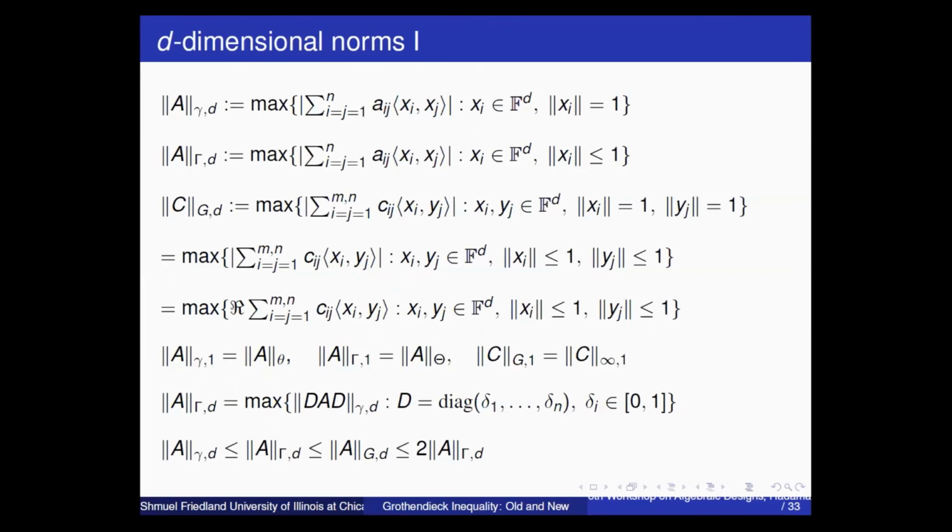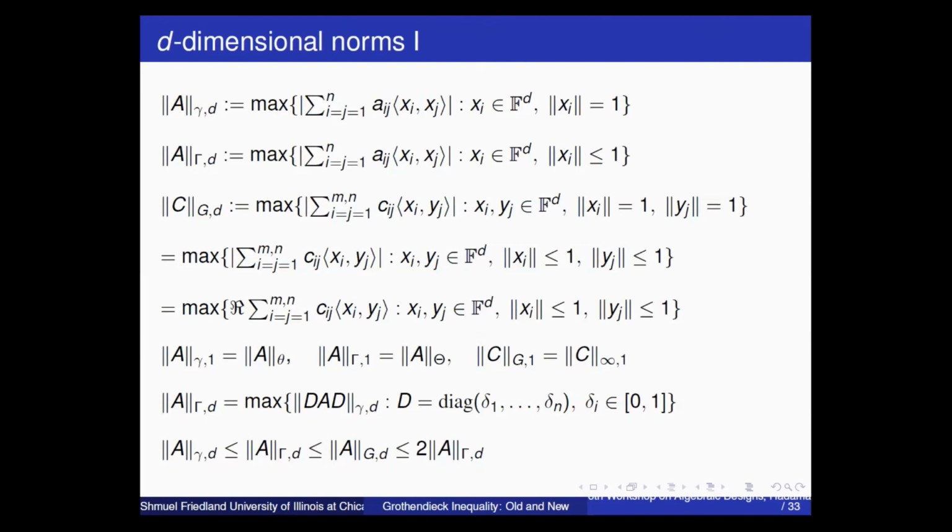Here are a lot of formulas that I won't fully explain. Now you can introduce the same norms when you assume that the Hilbert space is of dimension D, and so you have all these norms with D. I'm not going to go through all of that.